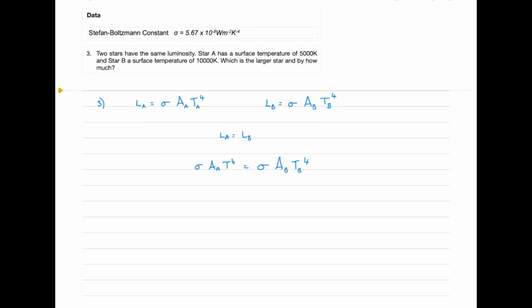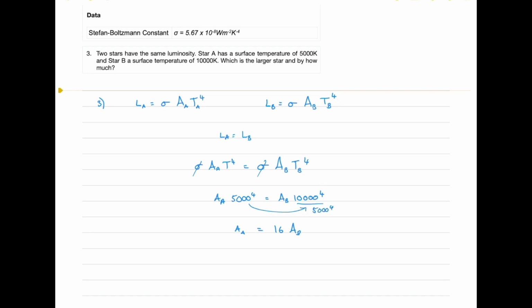We can cancel out the constant on both sides, and we can pop in the temperatures. So area of A times the temperature of A, which is 5,000 to the power 4, equals the area of B times the temperature of B, which is 10,000 to the power of 4, which gives us the area of A is equal to 16 the area of B. And what I've done there is I have taken that down to there.